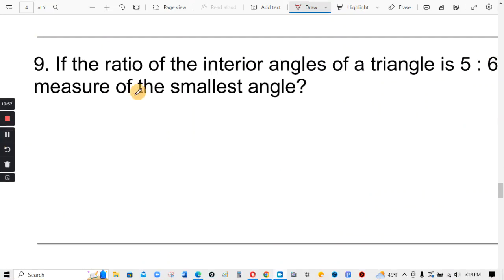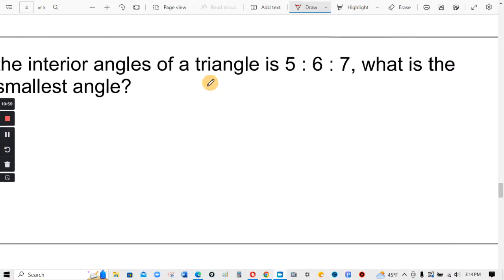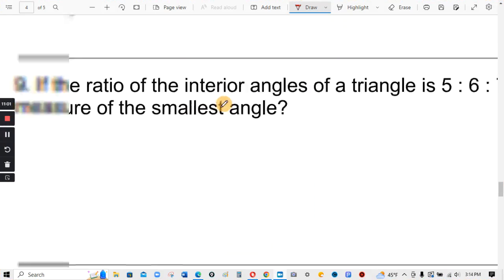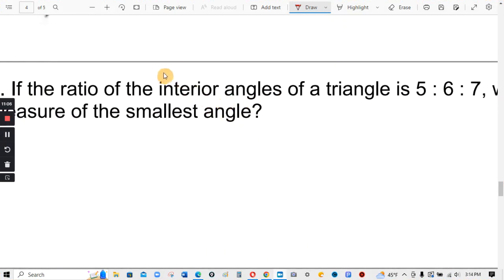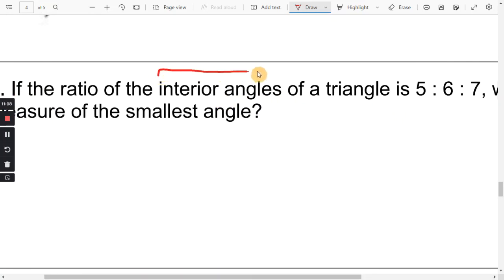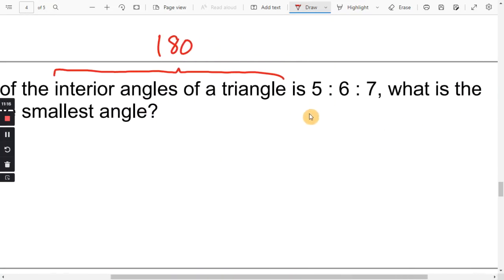Number 9, if the ratio of the interior angles of a triangle is 5 to 6 to 7, what is the measure of the smallest angle? Okay, remember, interior angles of a triangle, they add up to 180. Now, we said for ratios, we can multiply each one by x.